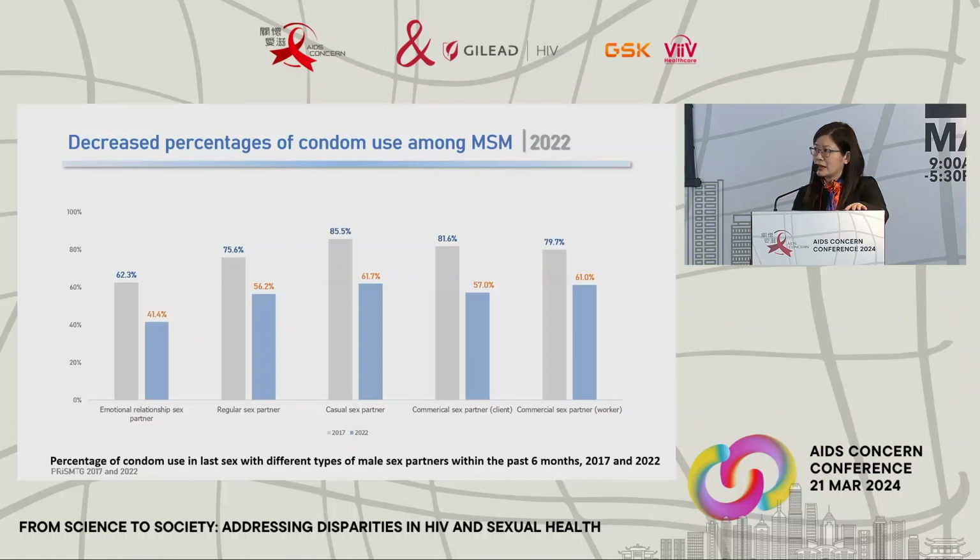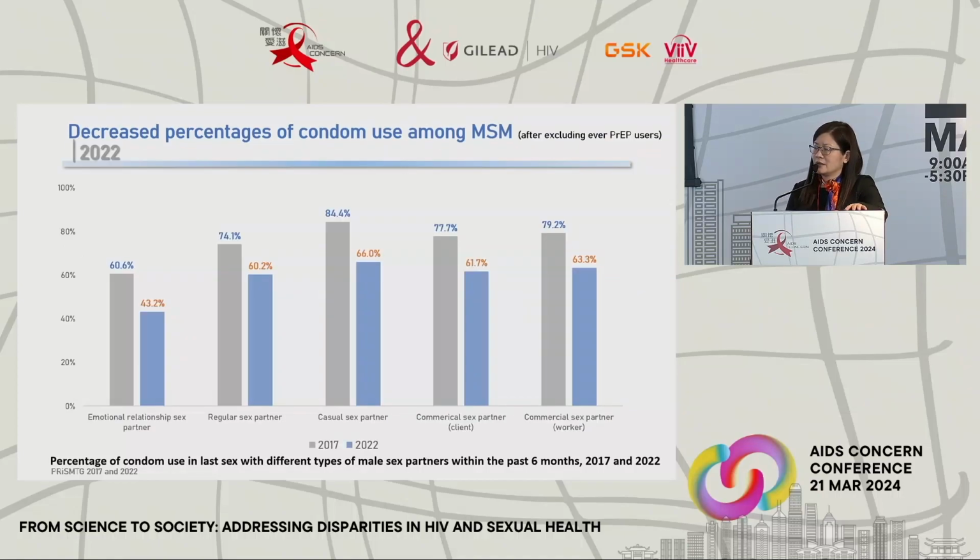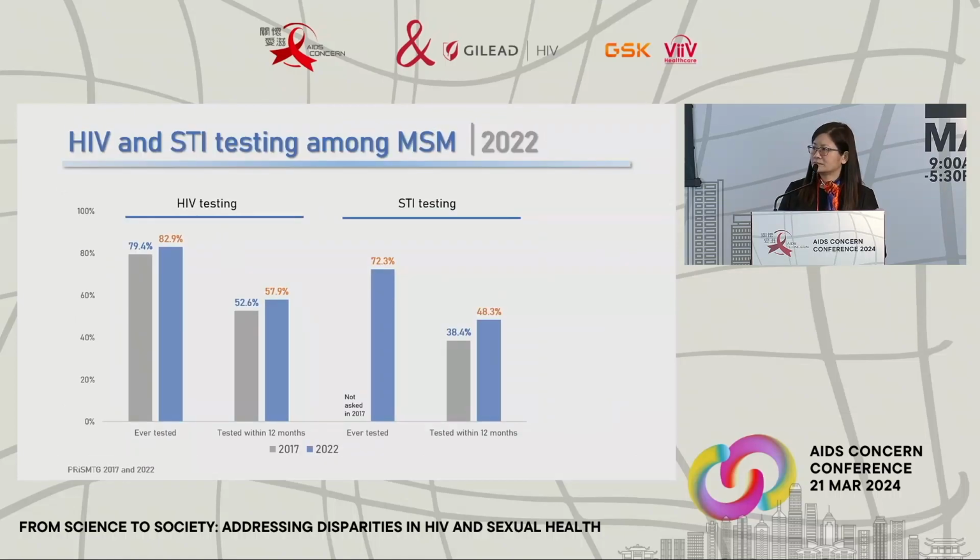So for a fair comparison, we further analyzed after excluding the ever PrEP users. However, you can see that the drop still exists across different types of sexual partners. So the condom programming should be continued and enhanced.